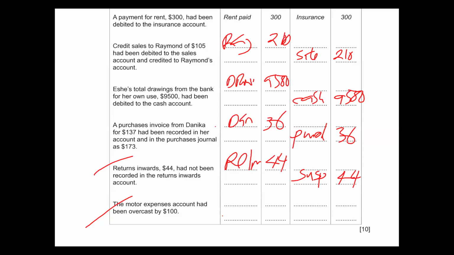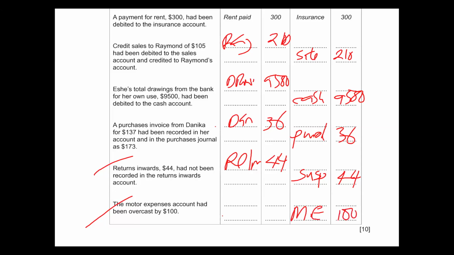The motor expenses account is an expense account. It had been overcast. So an expense account is always debited, isn't it? It's the debit entry, but if it had been overcast, to correct the error, you have to record on the opposite entry. So the motor expenses account will go on the credit side, 100.